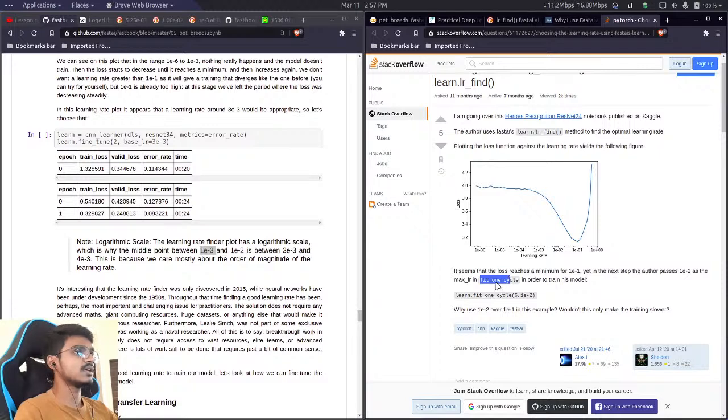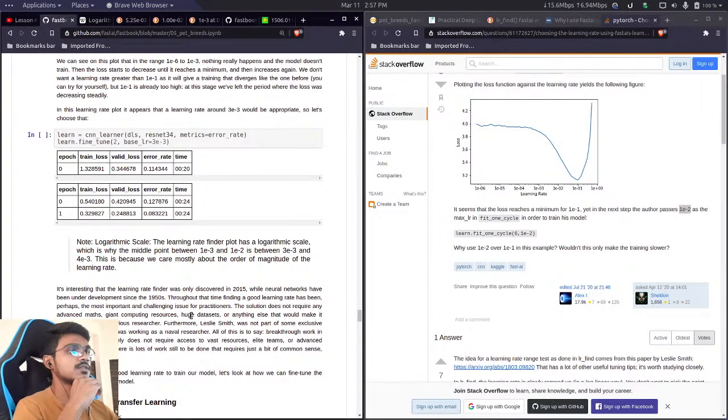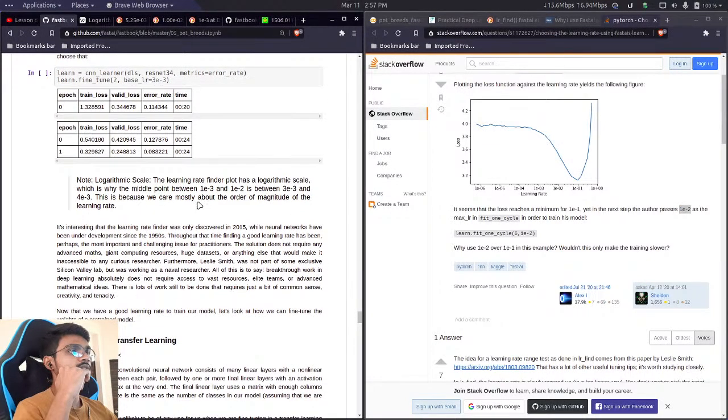He's saying that in this notebook, which he is referring to, the author passes 1e-2. So he directly passes the logarithmic learning rate. But in this case, the author passes these values instead of values from this range.